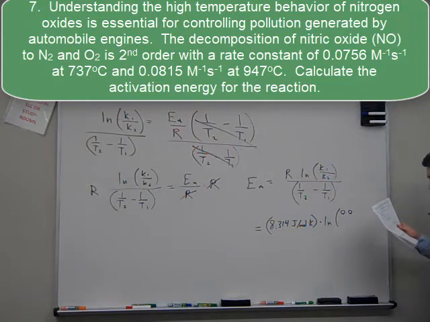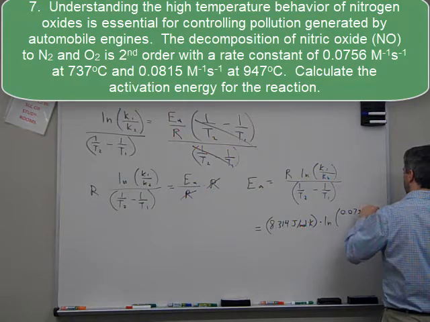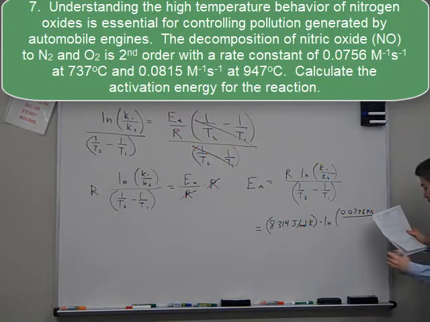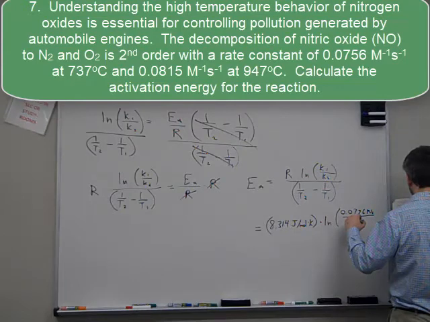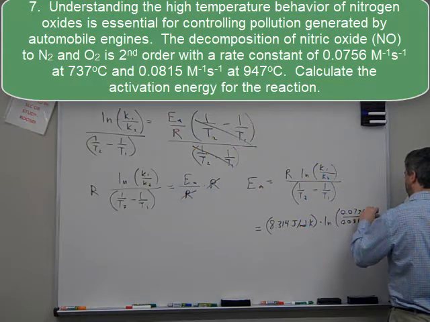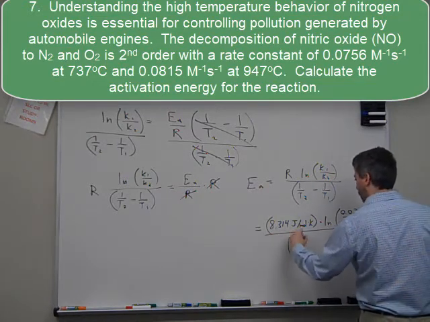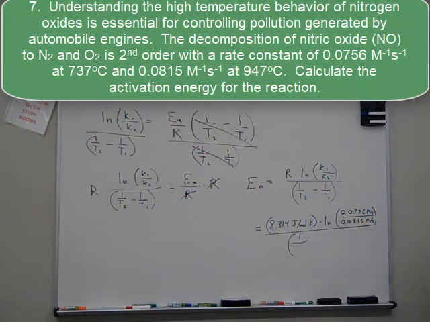So if I choose the 0.0796 as my K1, that means my T1 is what? 137 plus 273. There you go, exactly. This is 0.0815 molarity per second, and then I divide that by 1 over T2, which is going to be 947 plus 273.